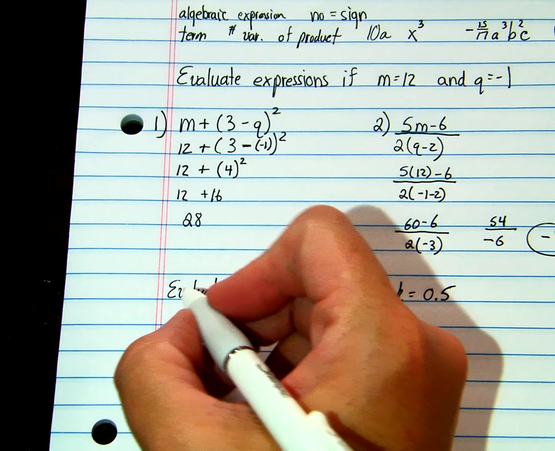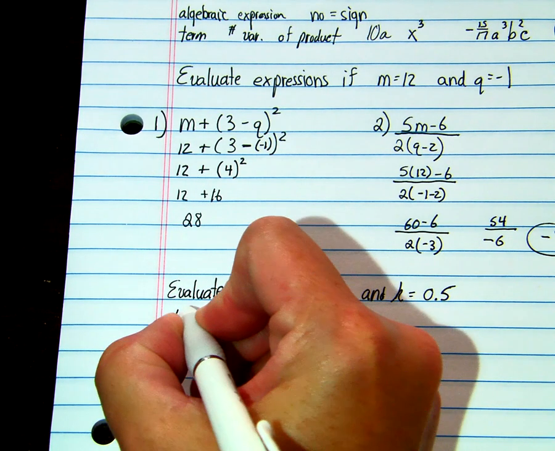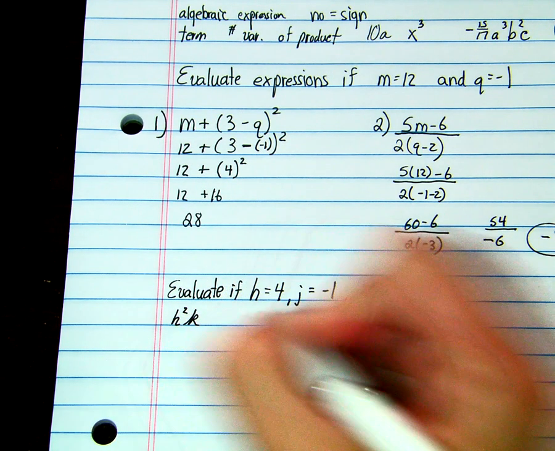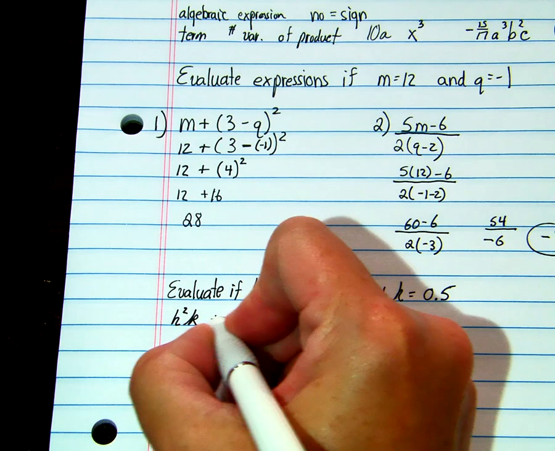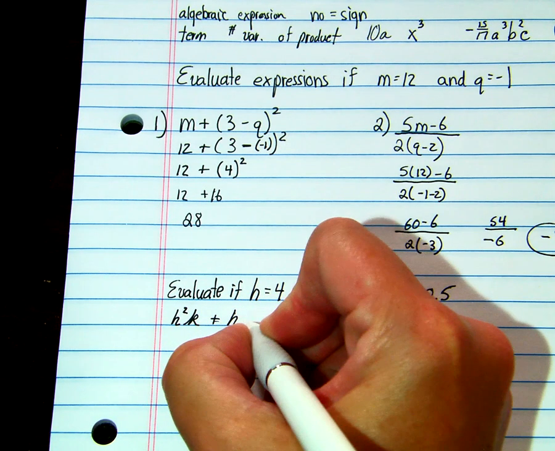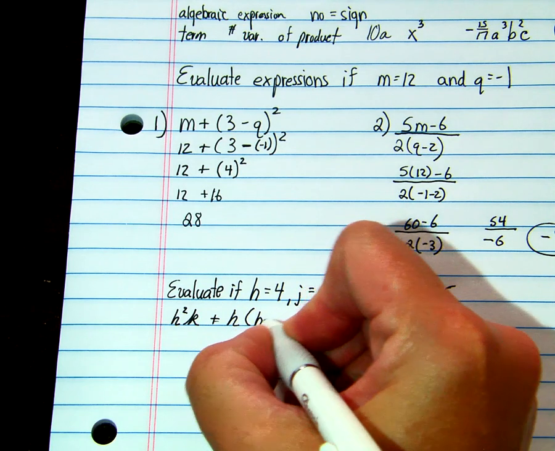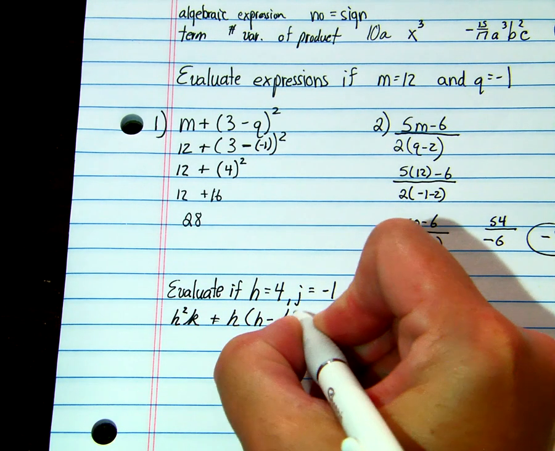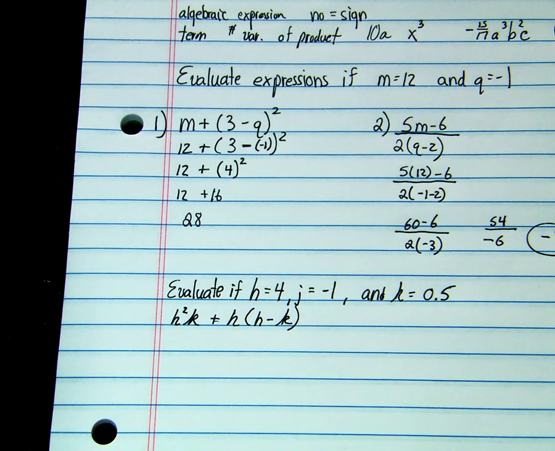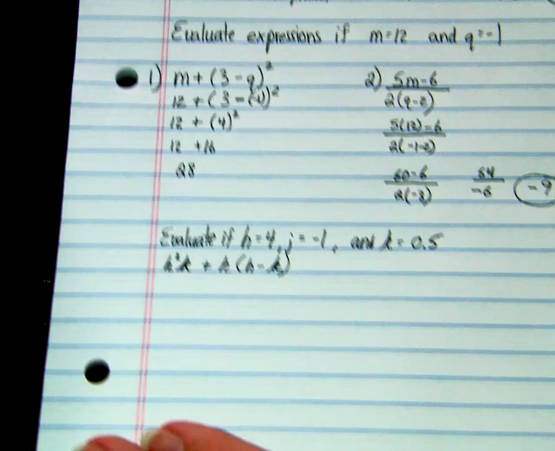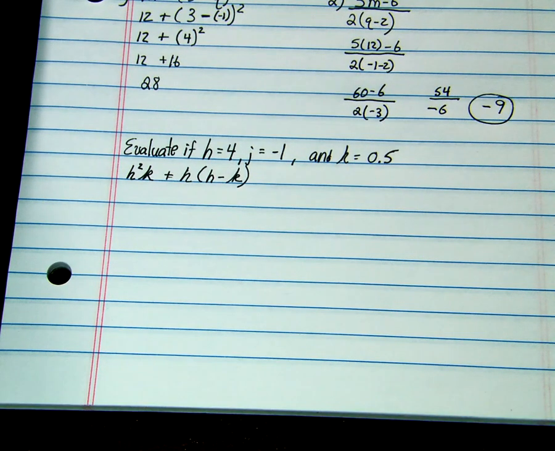And I want you to evaluate h squared k plus h times h minus k. All right, go for it. H squared k plus h times h minus k.